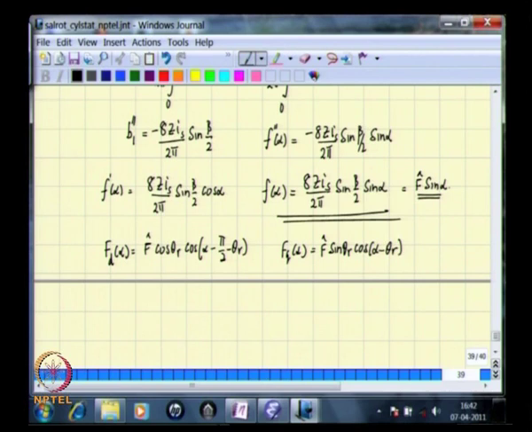Similar expressions we have derived in the earlier lectures, you may look back at those expressions. This d expression can be simplified as f hat cos theta r into sin of alpha minus theta r.